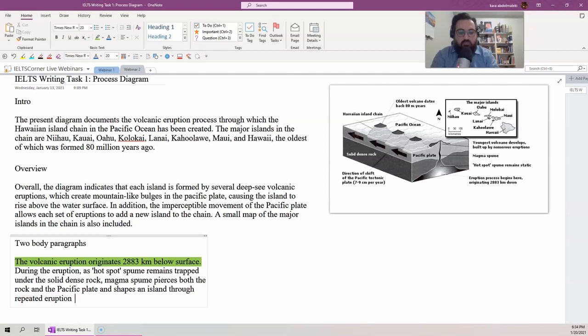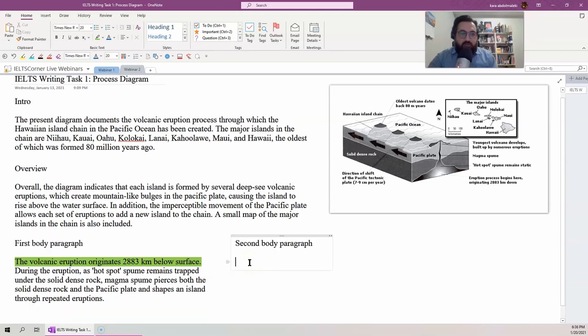Okay, so I think this is good for the first body paragraph. Okay, so let's call this first body. If you don't miss anything, your task achievement will go higher and higher.